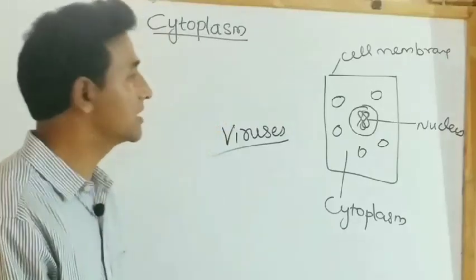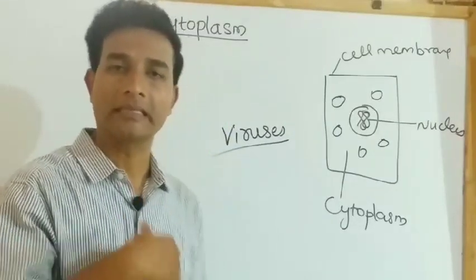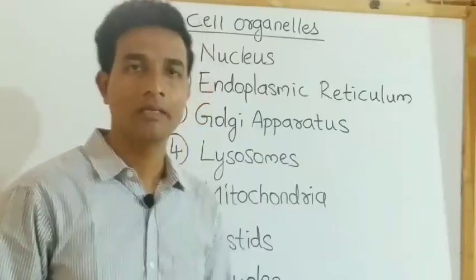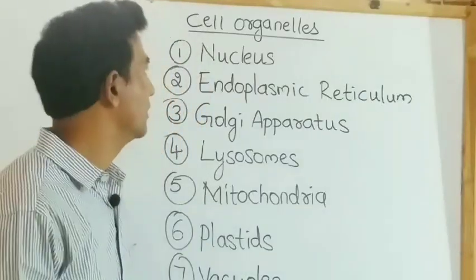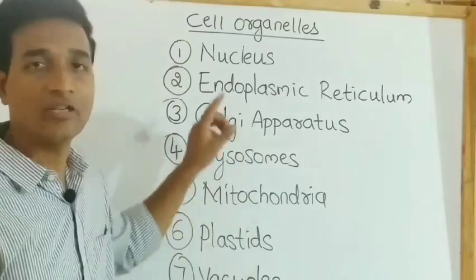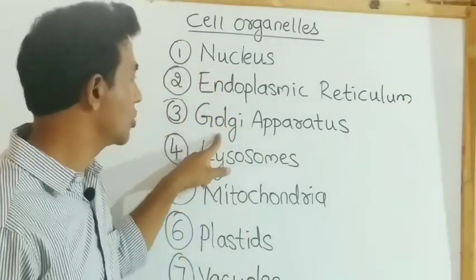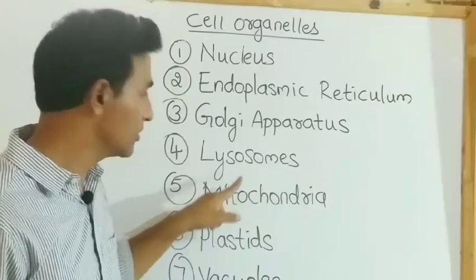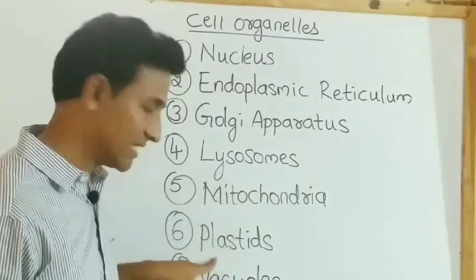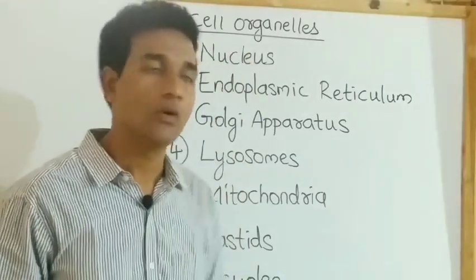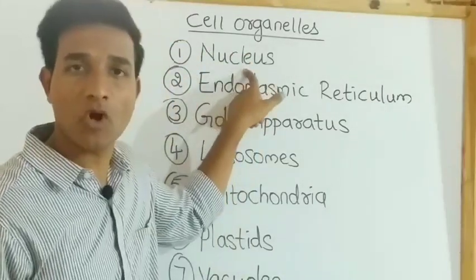So let us now discuss more about the cytoplasmic cell organelles one by one. The cytoplasm contains nucleus, endoplasmic reticulum, Golgi apparatus, lysosomes, mitochondria, plastids, vacuoles. These are all cell organelles. We have already discussed the nucleus.